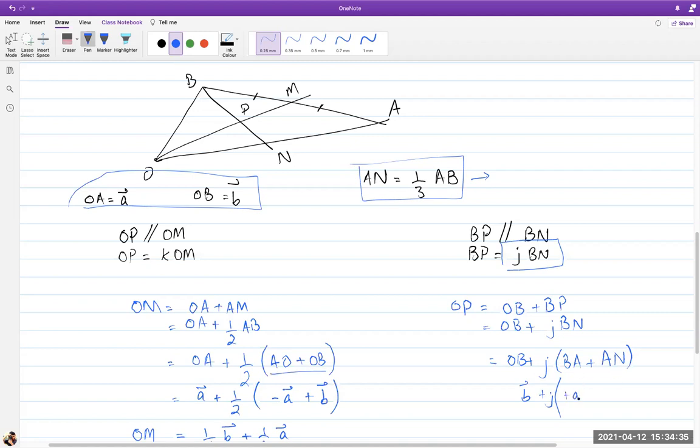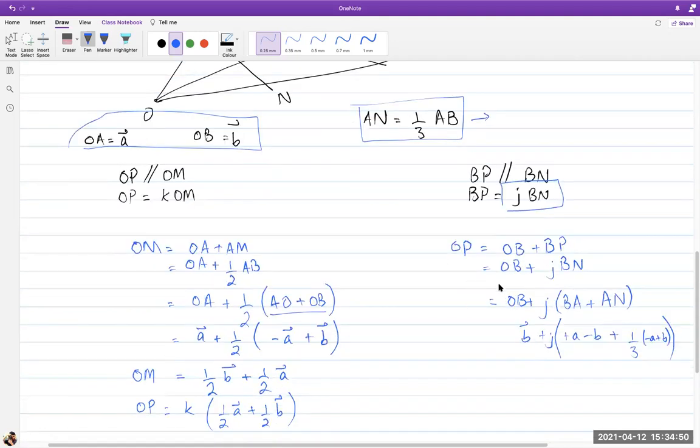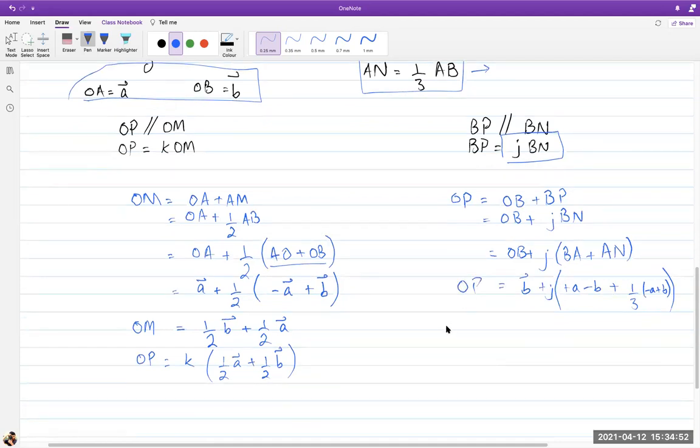So it is plus A minus B. And A to N is 1/3 of AB. And AB I know is, I found it already. It is minus A plus B. And now I can just simplify it and I will find OP.